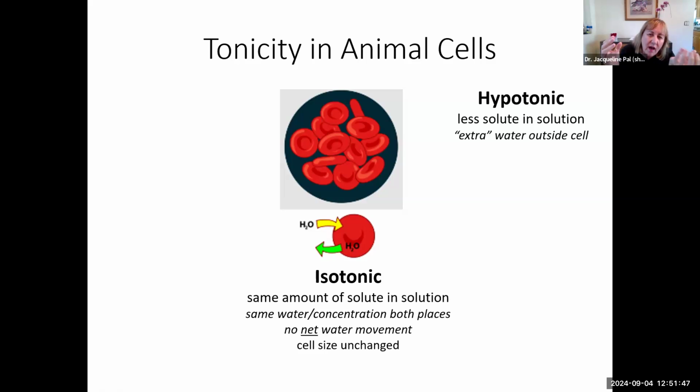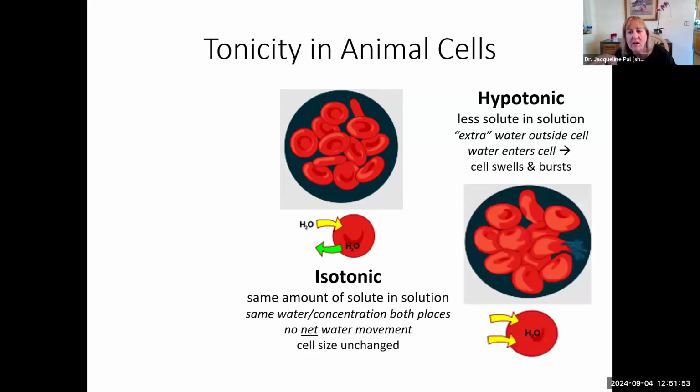So that extra water is going to go inside the cell, and that cell is going to blow up and up and up until it bursts like a balloon, and that cell dies.